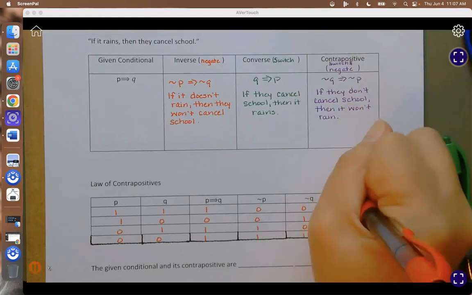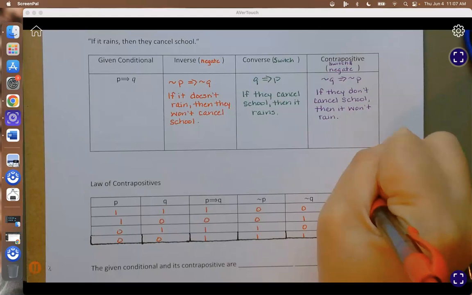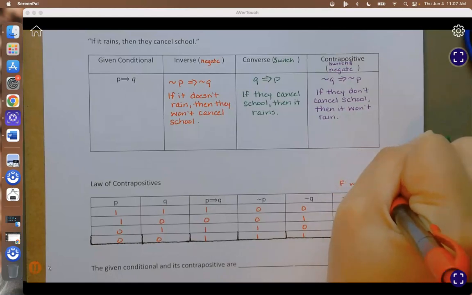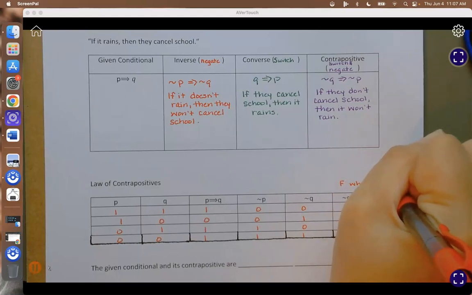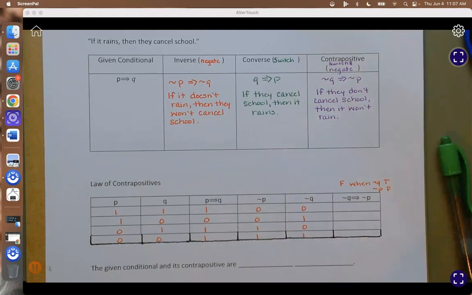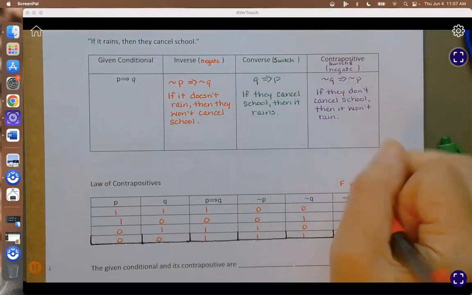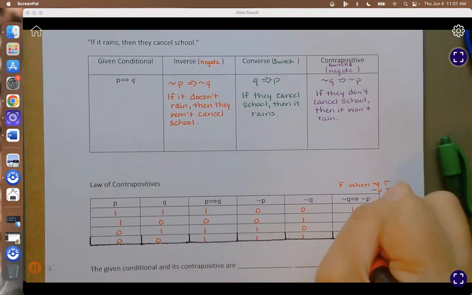So, false when not Q is true, not P is false. So, Q is true, P is false. So, it's this one. So, these will be on.